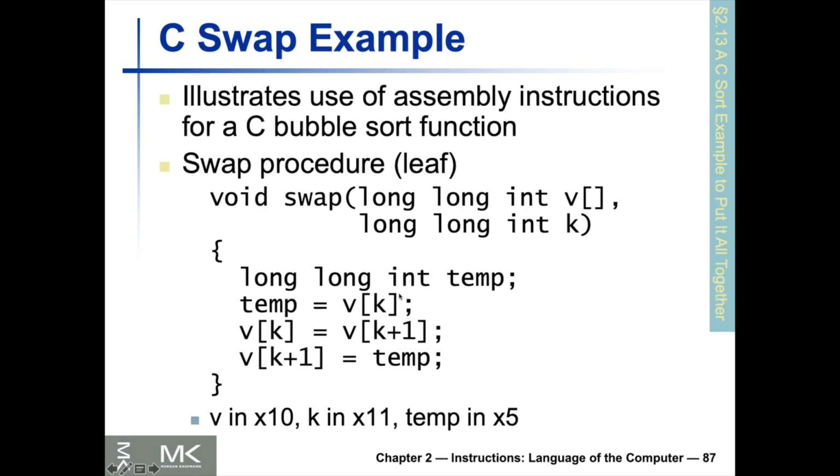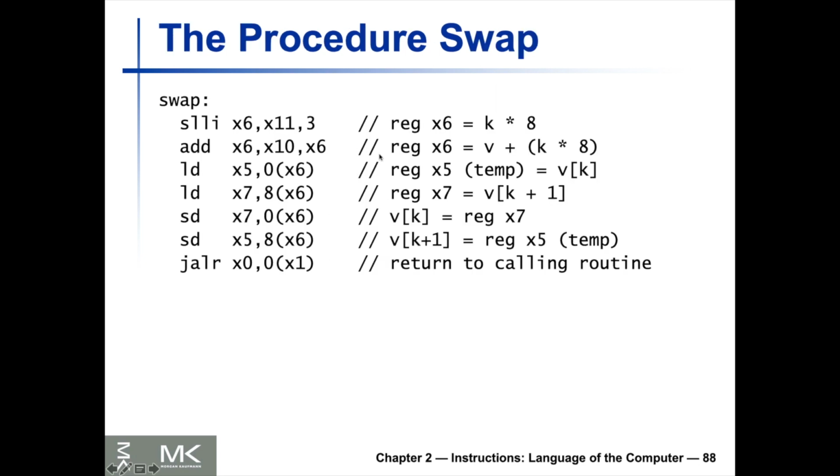So we are defining a long int temp, and temp is defined to be v[k], and then we swap the two values, v[k] with v[k+1], and then we set v[k+1] equal to temp, right? So the RISC-V instructions for that would be this. I'm just going to start from the beginning.